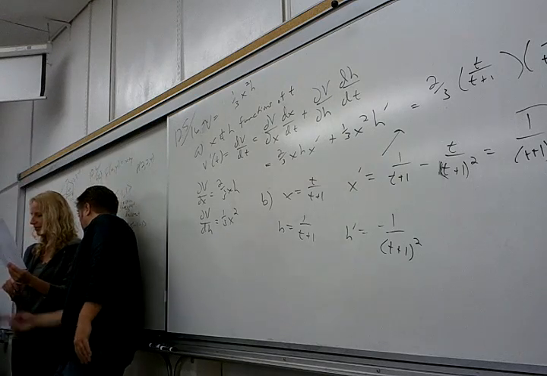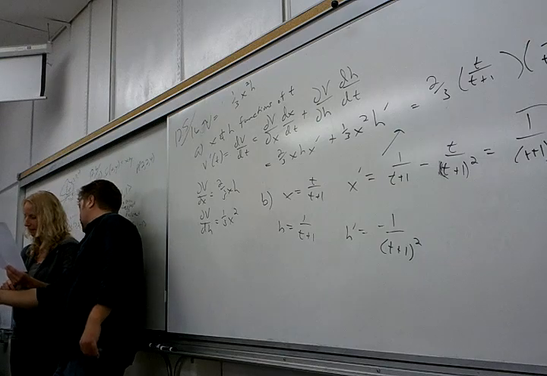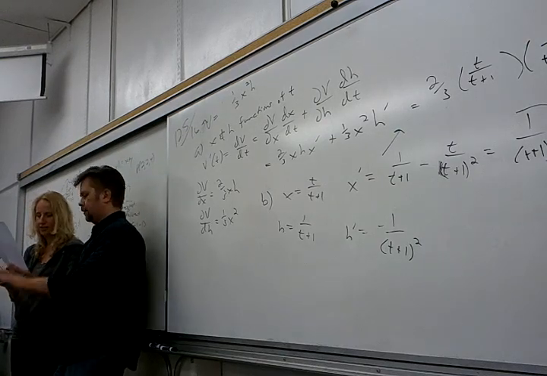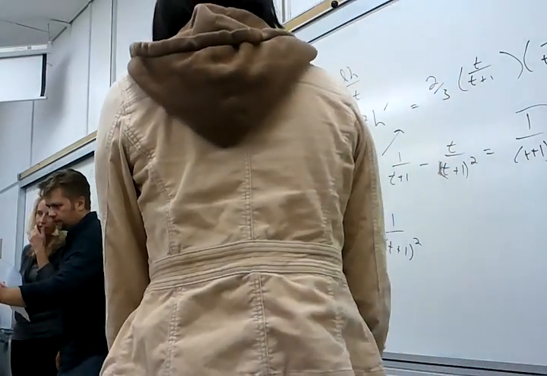That's like 1x plus 2b, and then that's the vector right here.